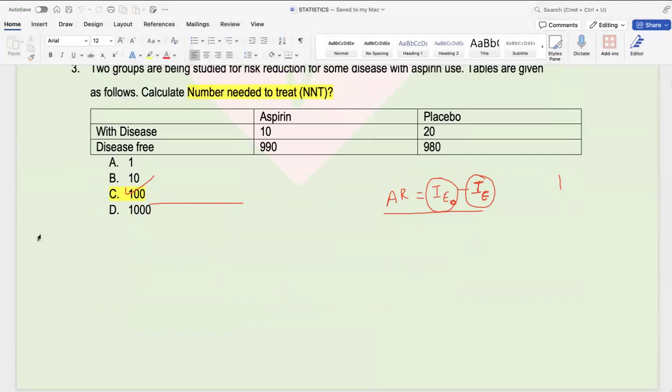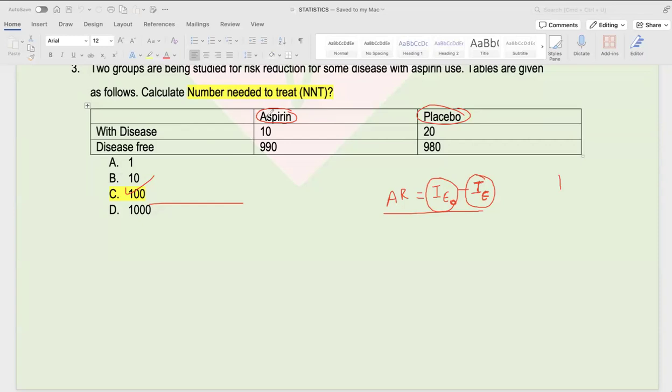If we come to this math now, you can have a look. This is the exposed group because this group of people was given aspirin. These people were not given anything. They are the placebo group.